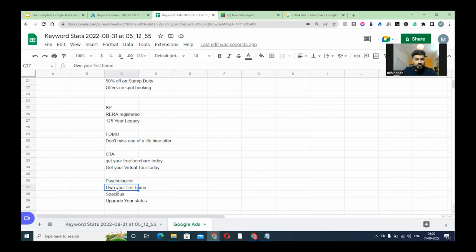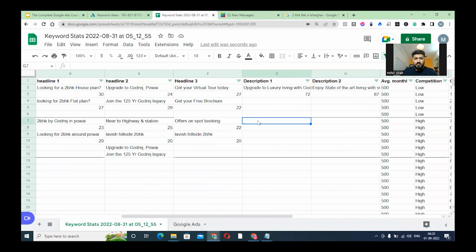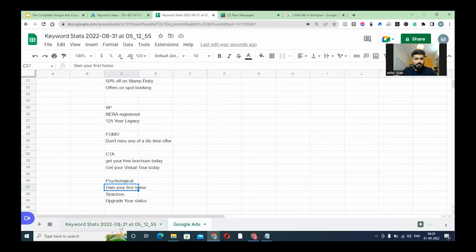So your first home. Okay, so let's start with, because we are trying to move him from Kharghar to Powai, which is close to that area, but still it is a movement. Let's give him a sense of upgrade. So because we know it's owning your first home.